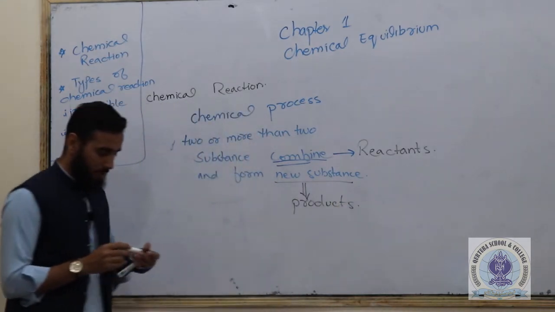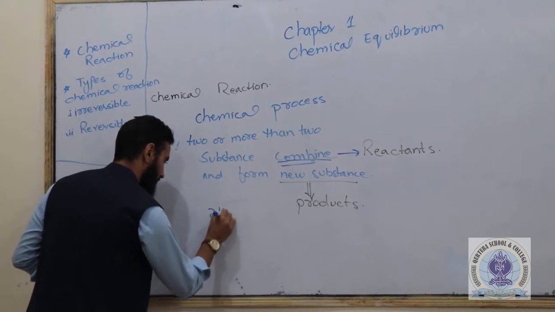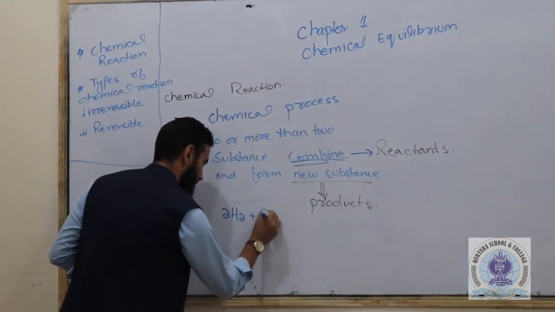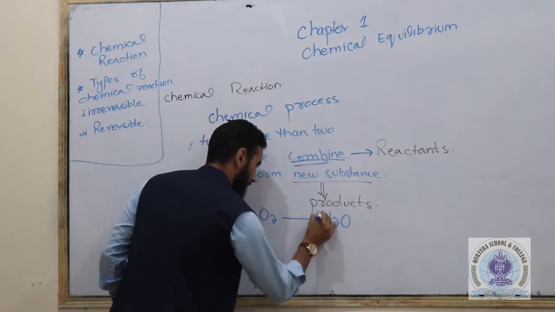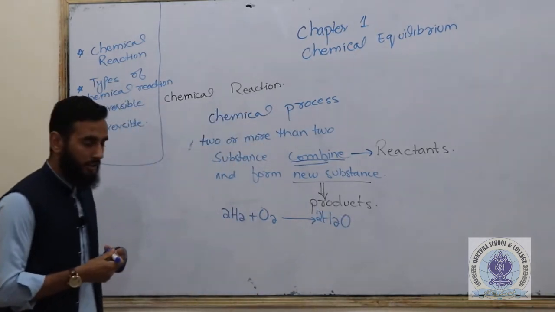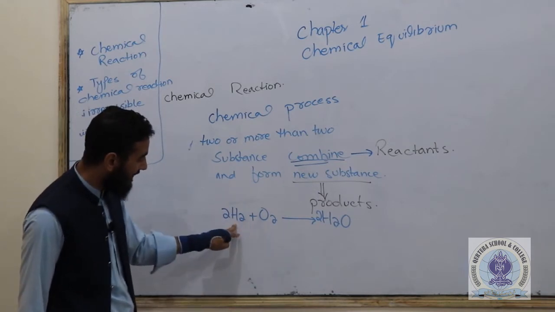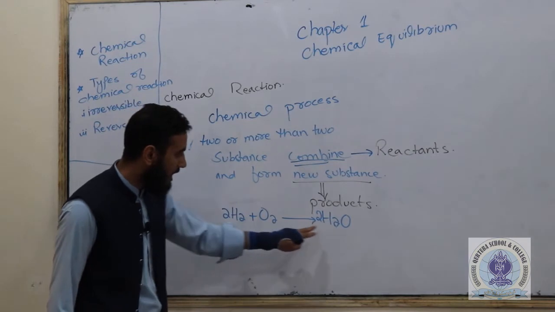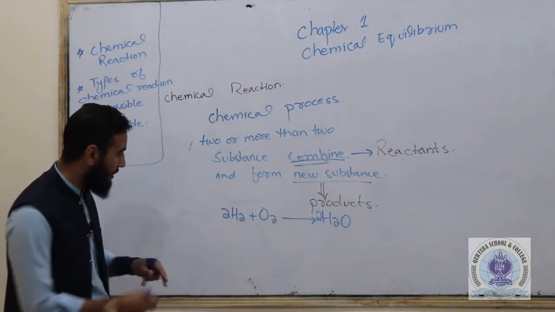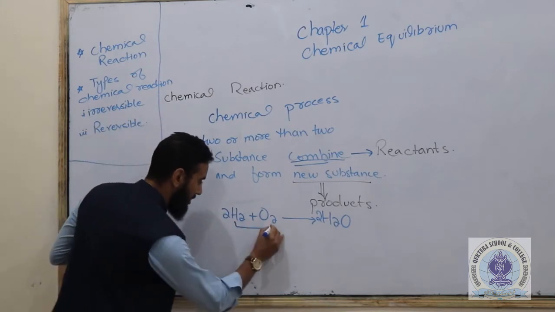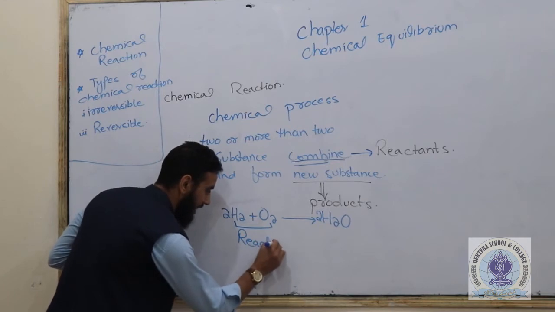Let me give you an example of that. As you can see here, hydrogen gas reacts with oxygen gas, or hydrogen gas combines with oxygen gas, and they form water. So in this example, these two chemical substances are the reactants.